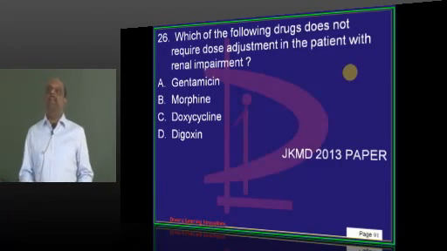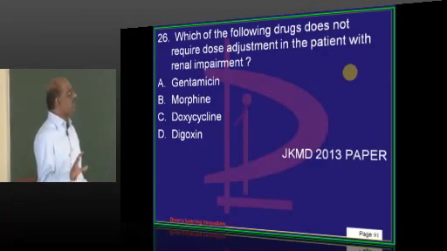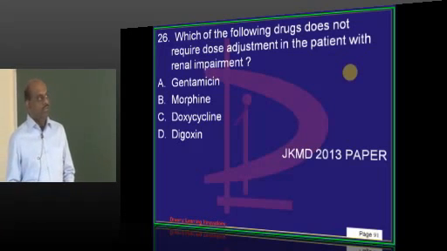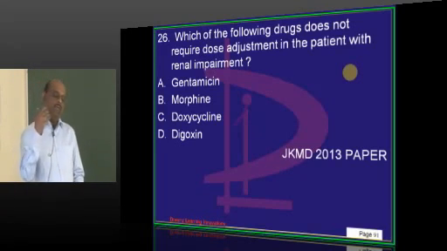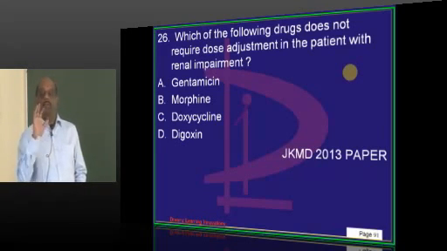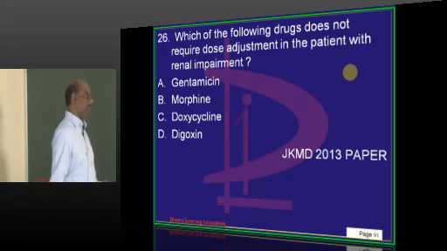Now coming to renal impairment, doxycycline you can give without altering the dosage even in a patient who has renal failure.